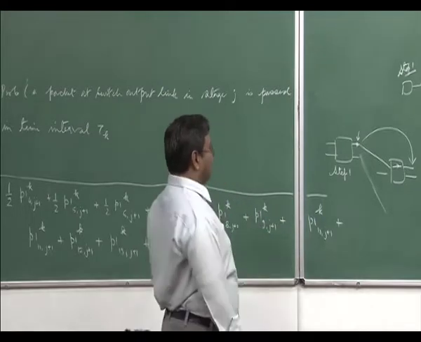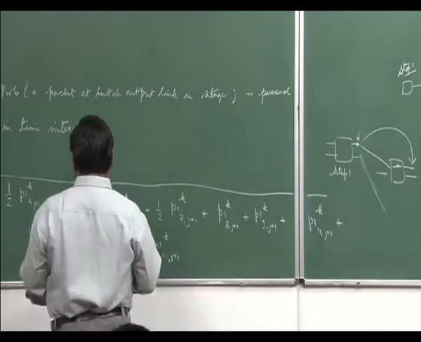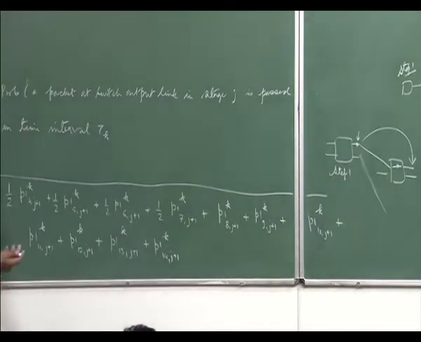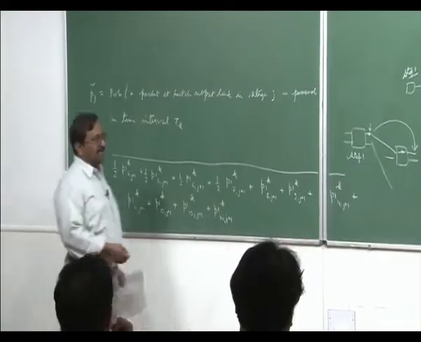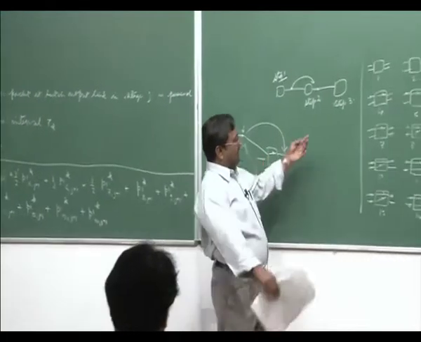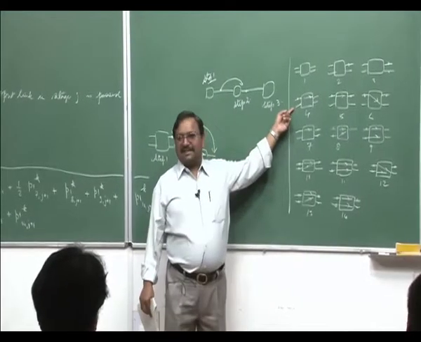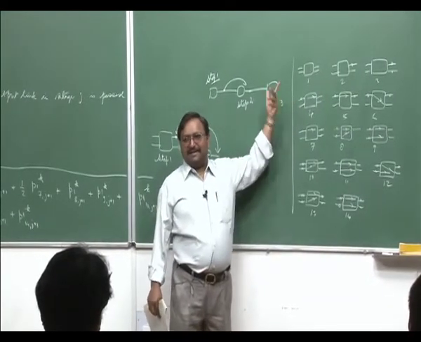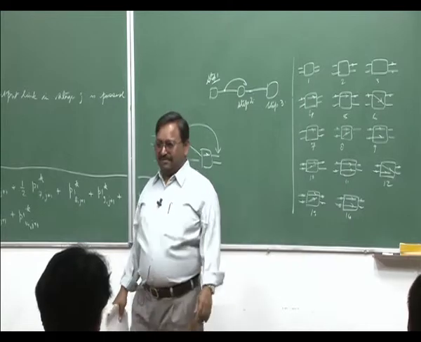So, state 4 will contribute, and how many times? With half probability only it will happen, because I may be connected to this link or this link. If you are connected to this link, there is no packet going out. When you are connected here, then only a packet is going out. The two states merge here.